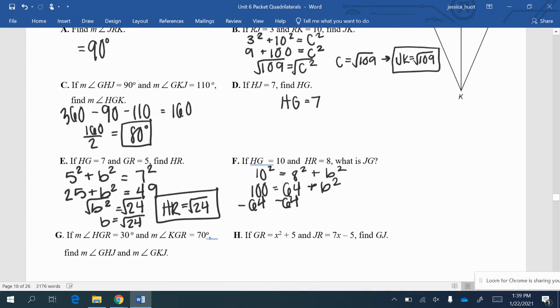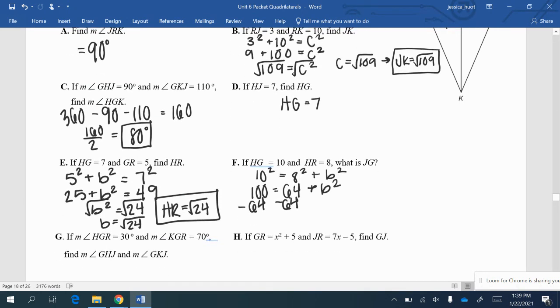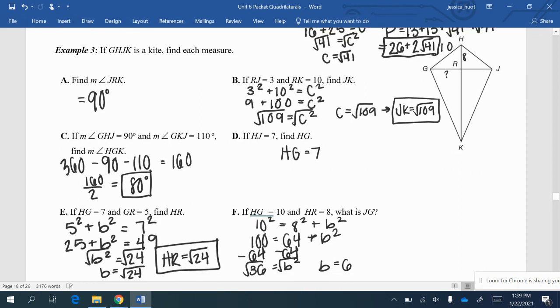Hopefully you guys have caught on to the Pythagorean theorem by now. So I'll have 36 is equal to B squared. B equals 6. So coming back up here, I know that this segment right here is 6. And the diagonal HJ is bisecting GJ. So this would also be 6, which means that JG would be 12.